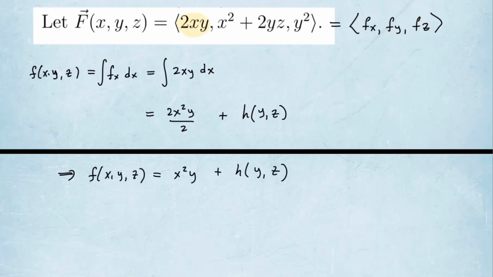Now, to find this function h, we're going to take the partial derivative of this with respect to either y or z. You can do it in any order. Let's go ahead and find the partial of f with respect to y.